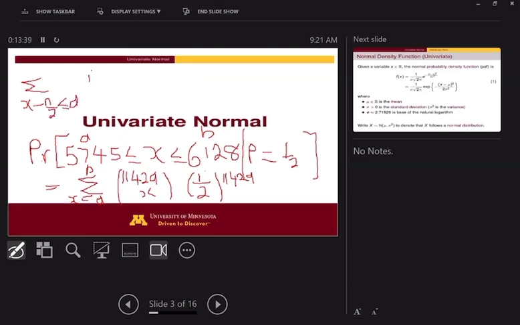So n combination s, which is binomial, where n is the number of trials, s is the characteristic of interest, half raised to the power n.